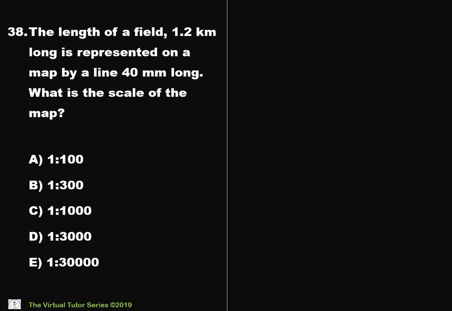Question 38. The length of a field 1.2 kilometers long is represented on a map by a line 40 millimeters long. What is the scale of the map? Solution. First, we need to convert the length of the field from kilometers to millimeters so that we have the same unit on the ground as on the map.